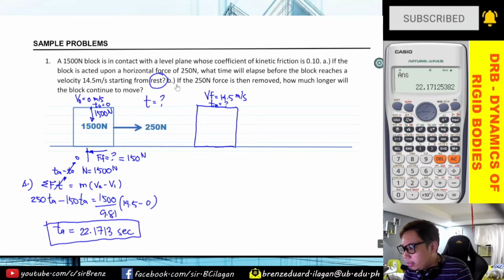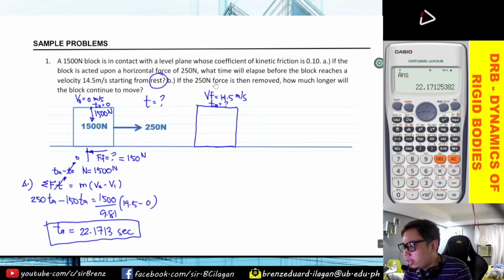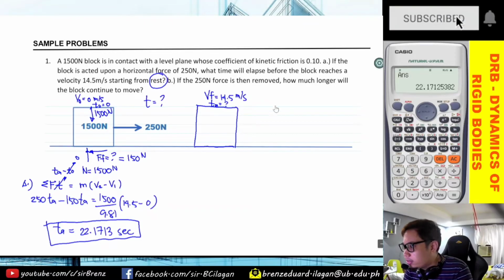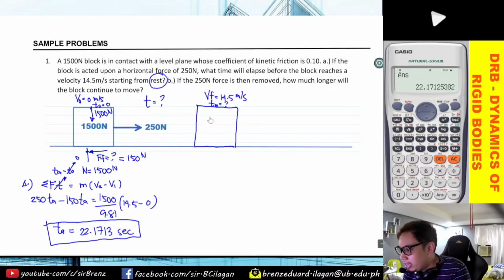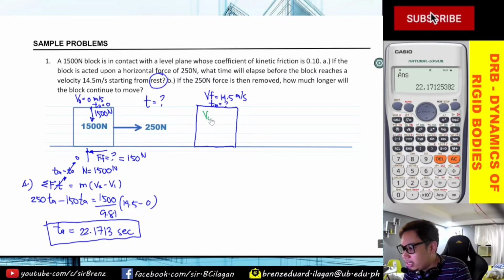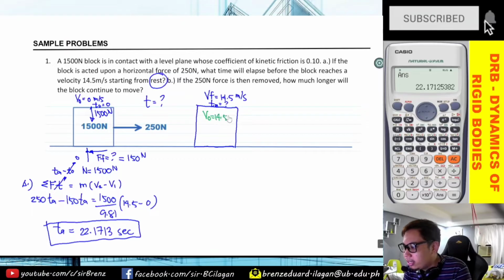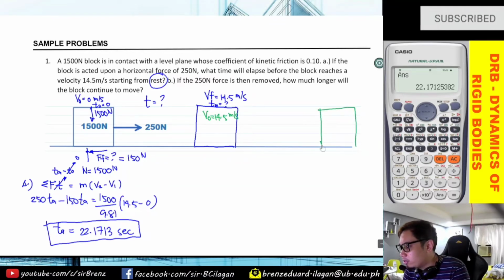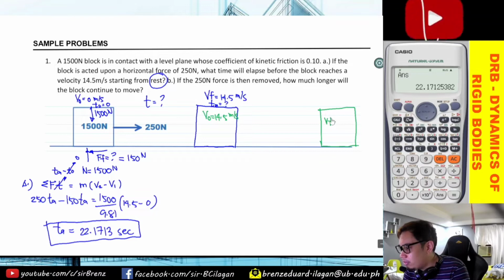Okay, so for letter B, it says, if the 250 Newton force is then removed, how much longer will it take the block to continue to move? What will happen here is the final velocity from earlier becomes the initial velocity. The question is how many more seconds are needed before the block stops. In that case, the final velocity will be 0 meter per second.